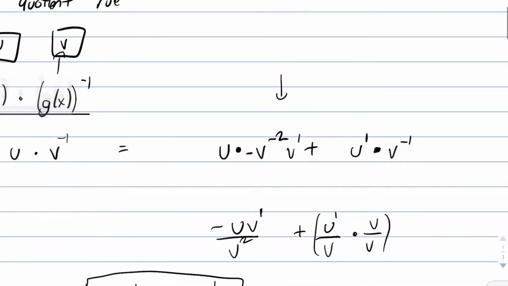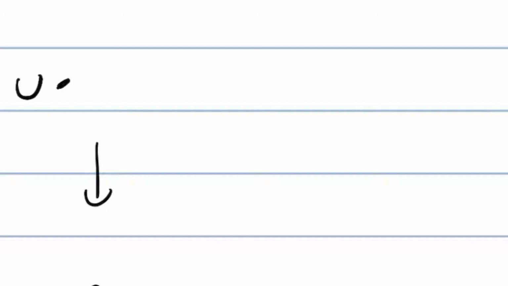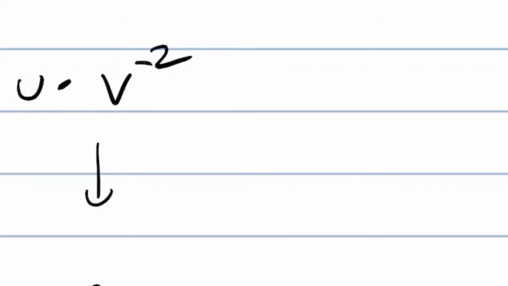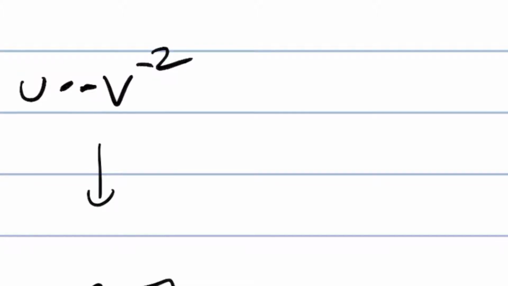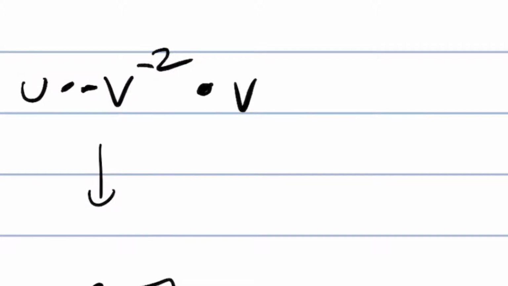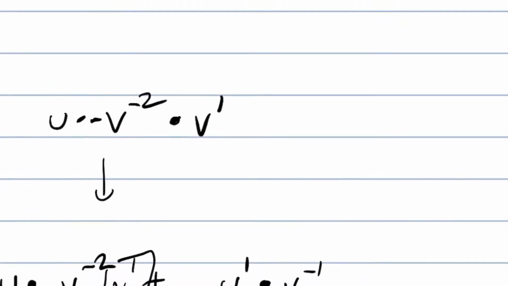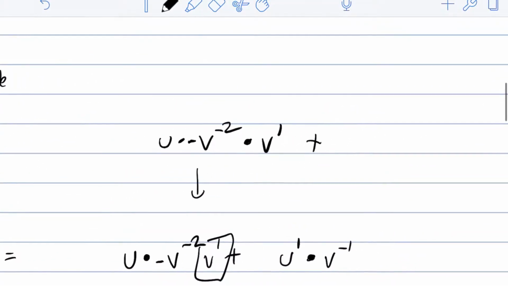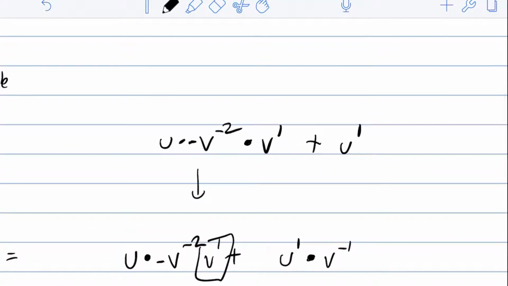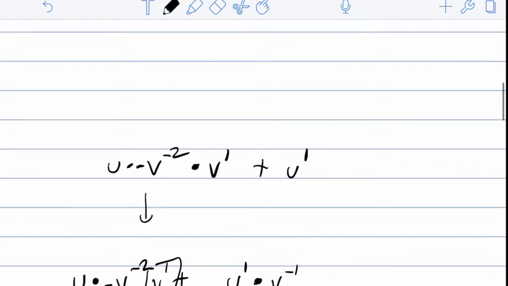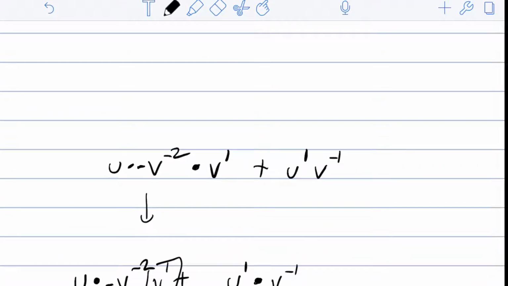So basically, you got u times the derivative of v to the negative first. Well, that would just be v to the negative second times a negative, and then we need to figure out through chain rule what v prime is, so we multiply that all by v prime, and now we add the derivative of u, that's just u prime times v to the negative first.